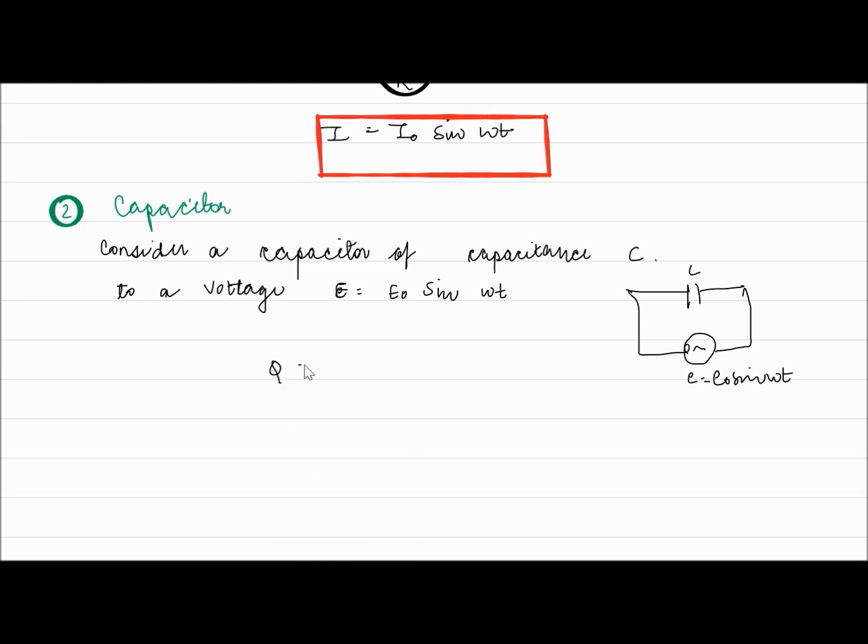As we know, Q is equal to CV, and we can write Q equals C into E naught sine omega t, and I is equal to dq by dt. So I is equal to d of C E naught sine omega t by dt.